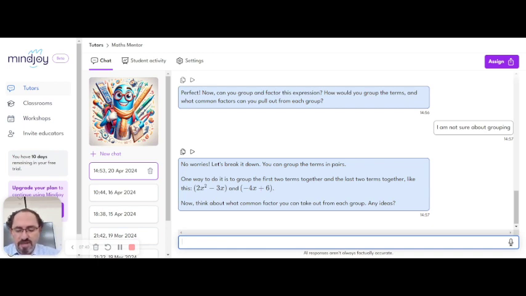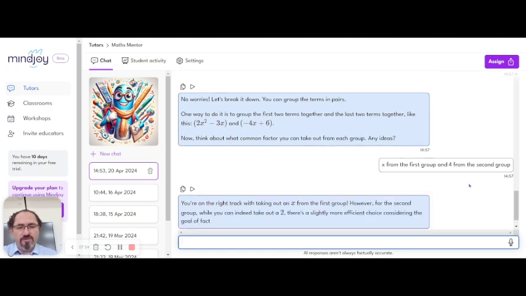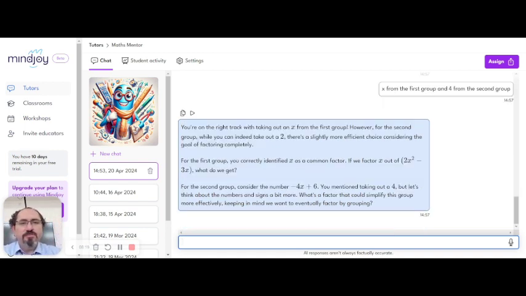Great. I'm going to take x from the first group, and I'm now going to make a mistake, 4 from the second group. The second answer is not correct. You're on the right track with taking out x. However, for the second group, while you can indeed take out a 2, see, it just pinpoints what's wrong with the second one. This answer is really strong.